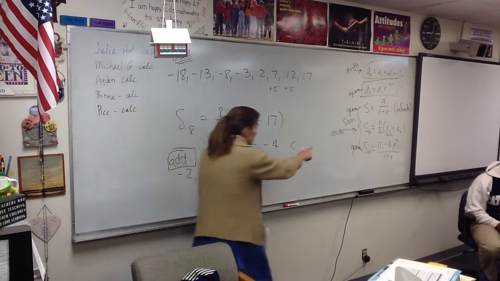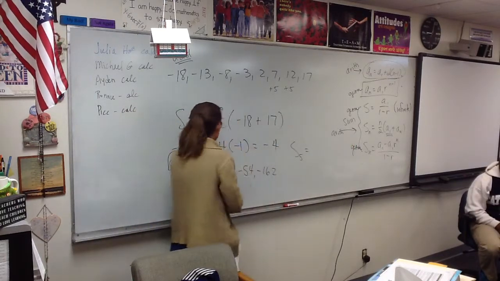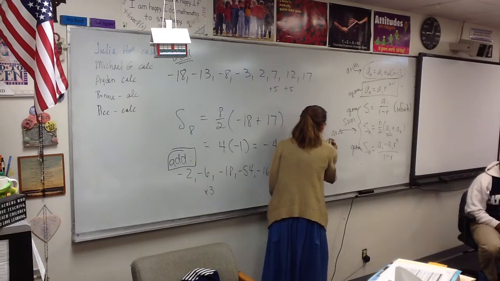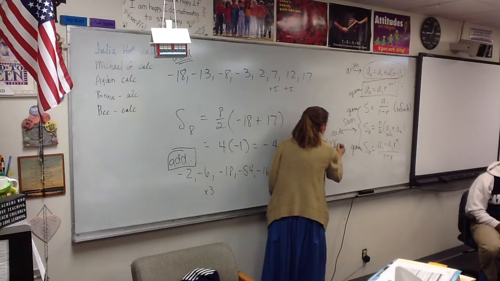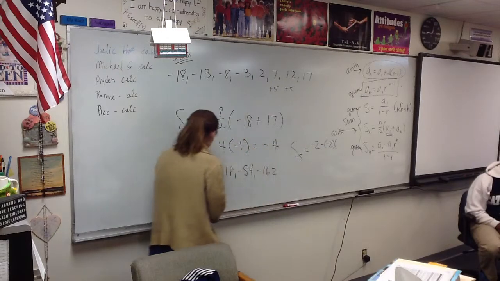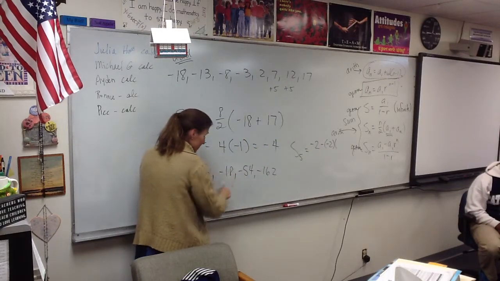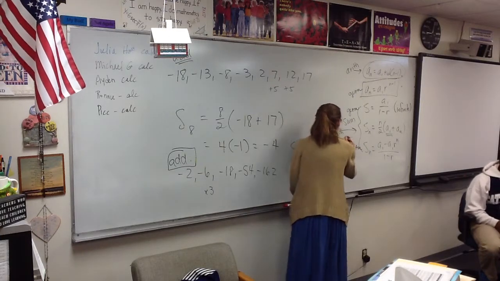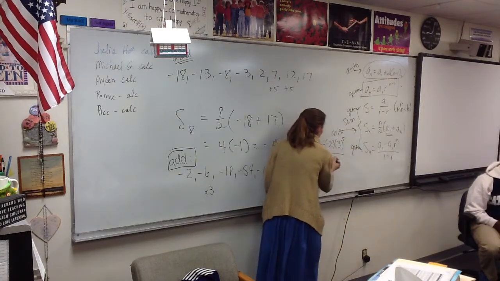Okay, what does my formula tell me to do now? Negative 2 minus negative 2 times, what's my ratio? What did you say I was doing? Times 3 to the 5th power over 1 minus 3.